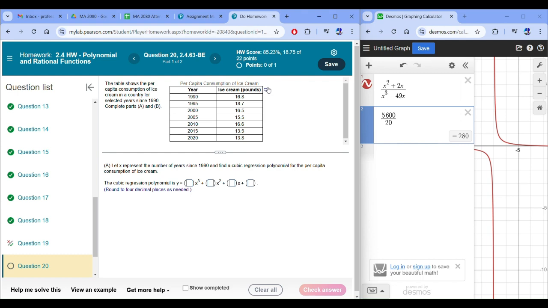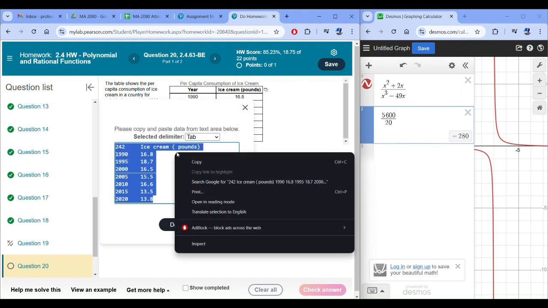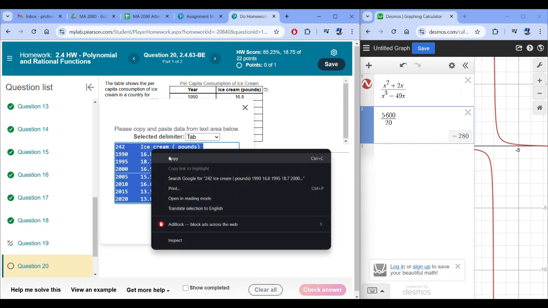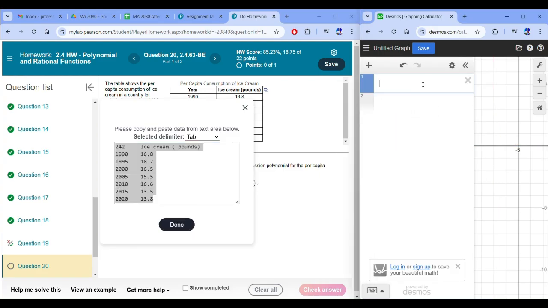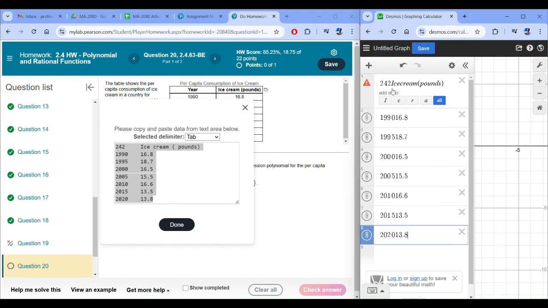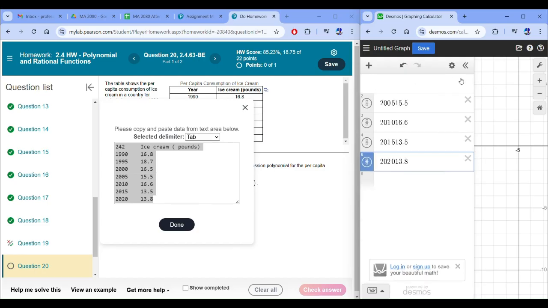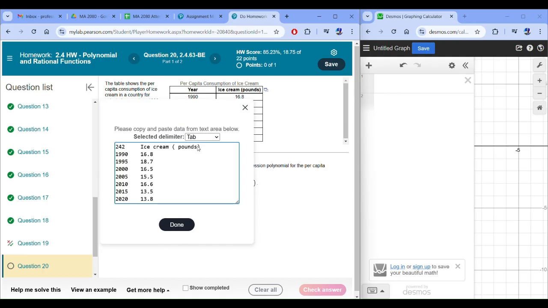What do they want? They want the cubic regression. Please, let's go straight to copy to clipboard. Copy this. Let's put this right into Desmos. Shoot. None of it came over. So let me just get rid of this. Can I delete that?